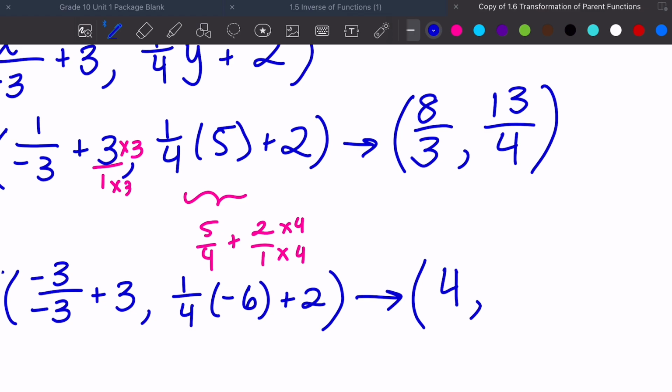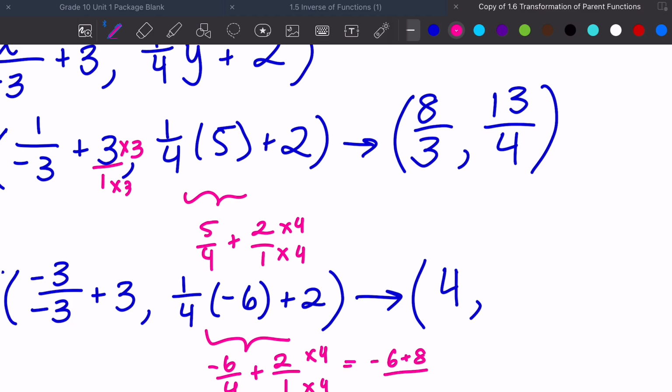And then I've got negative 6/4 plus 2, I should say. And if I go to do a common denominator and times this by 4, that's going to give me negative 6 plus 8 all over 4, which is just going to give me 2/4, which is a half.